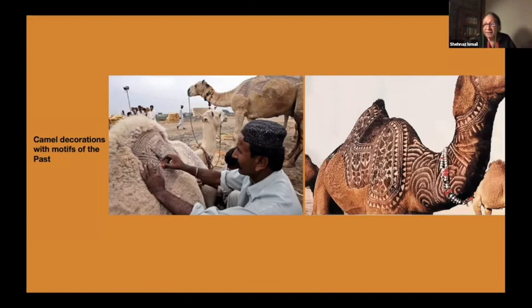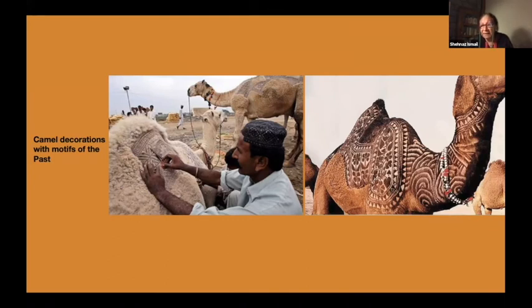So it's something which has been passed on, and it continues, it thrives with this camel decoration, whether it is for a camel and horse and cattle fair, or whether it is for sacrificial animals. This is the labor of love that they invest in their animals.